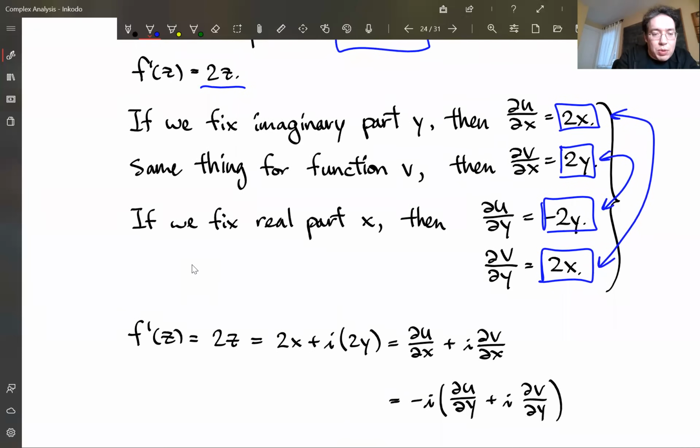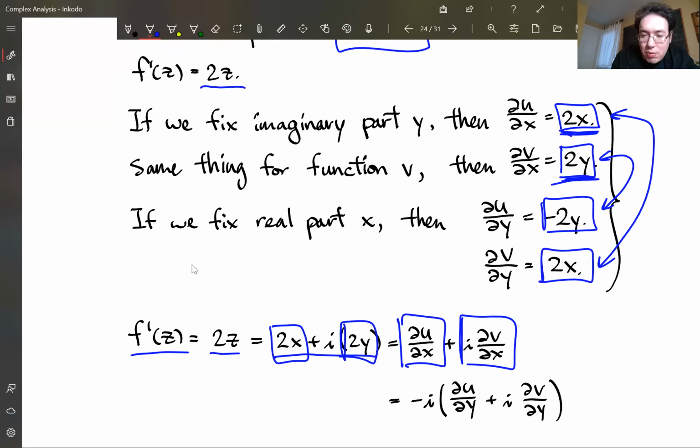We know the derivative is 2z. So 2z is the same thing as 2x plus i times 2y if you break it up into the real and imaginary parts. And notice 2x appeared as the derivative here, and 2y appeared as the derivative here. So really the derivative is going to be the derivative of u with respect to x plus i times the derivative of v with respect to x.